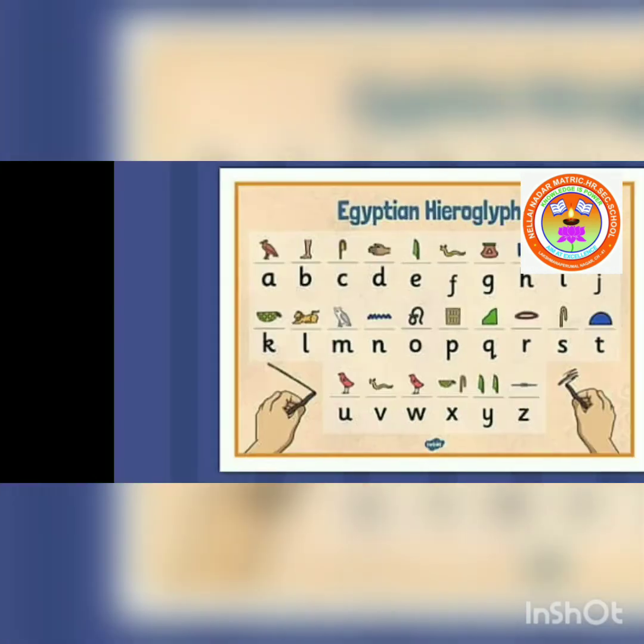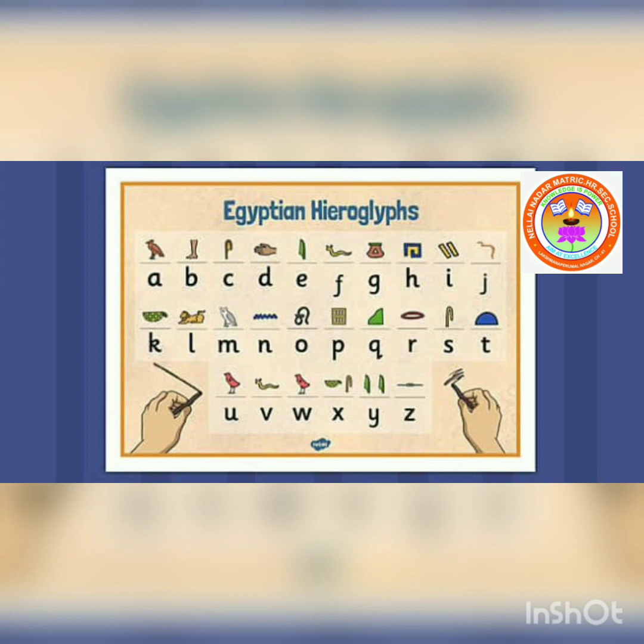This form of writing used a pictogram based system. It was developed around 3000 BC and many texts and books were written using this script. Now this inscription is on display in the British Museum, London.